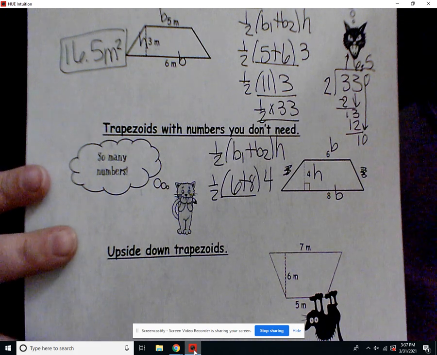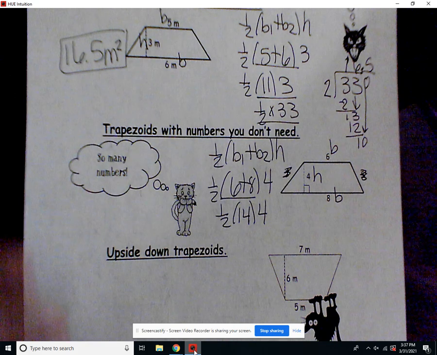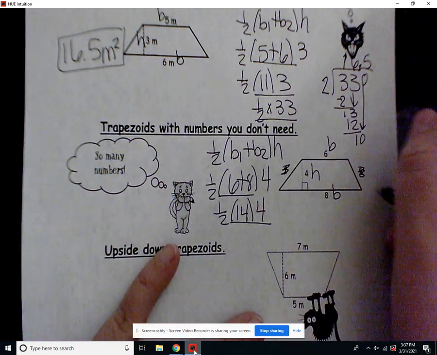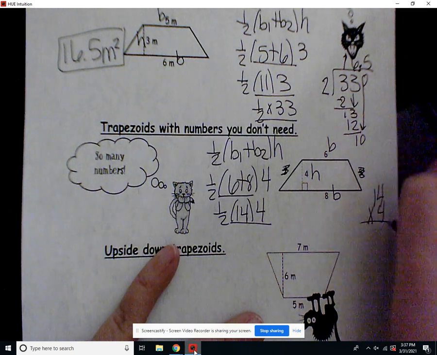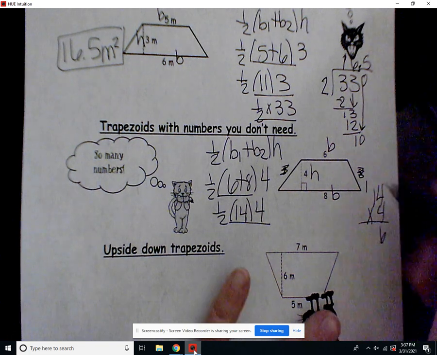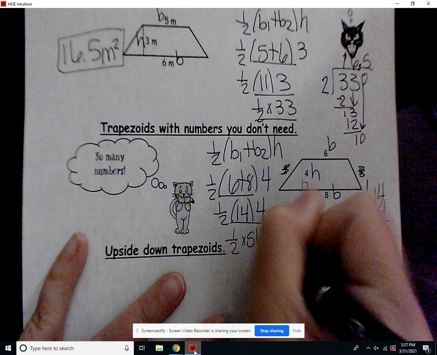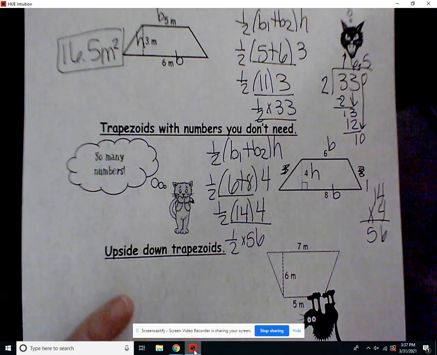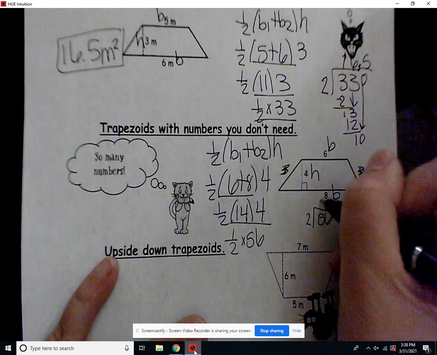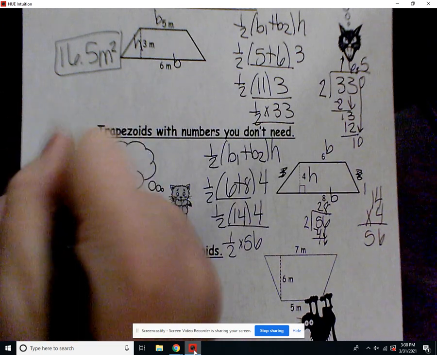So now I'm going to add 6 plus 8 is 14. Then we're going to multiply 14 times 4. So 4 times 4 is 16. Carry a 1. 4 times 1 plus 1 is 5. Last is to half 56. So that means divide it by 2. And we get 28.